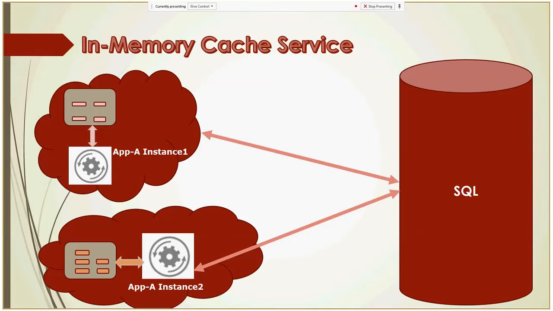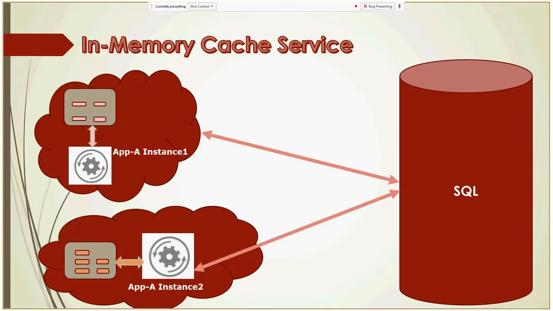In cloud, there are two types of caching. One is in-memory cache, and the other one would be shared cache. In the in-memory cache, the data is stored local to the computer that your application instance is running on. Let's say you have application instance 1 and application instance 2.